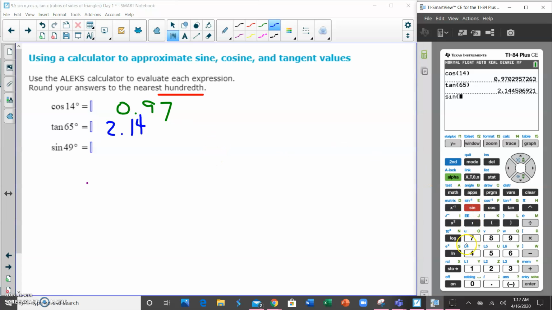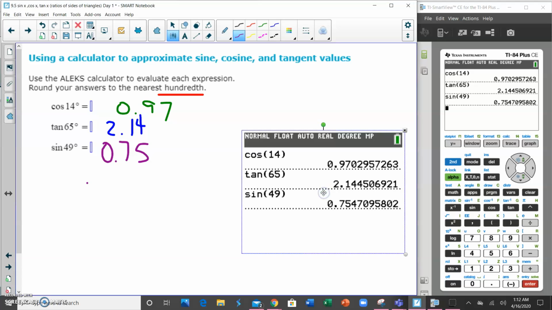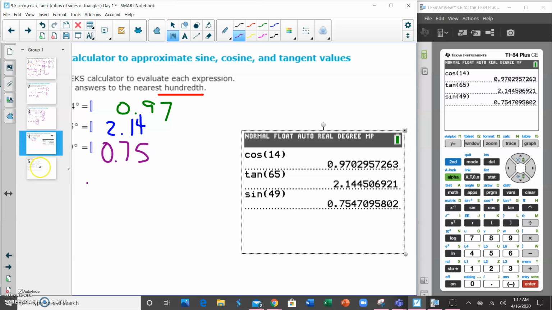So I'm going to hit sine of 49, close my parenthesis, hit enter, and that is 0.75. All right, so you simply just find those on your calculator.